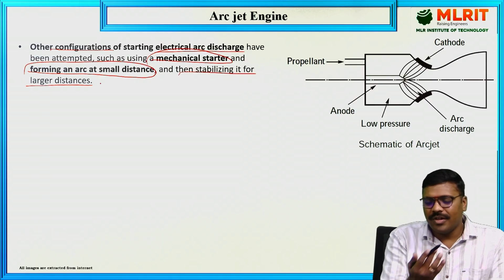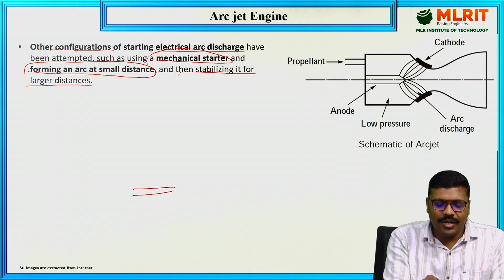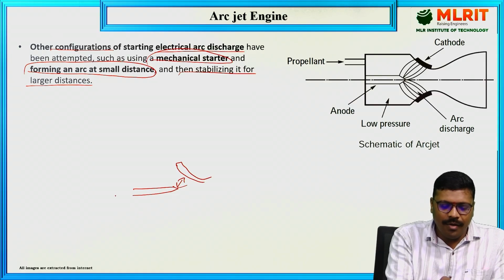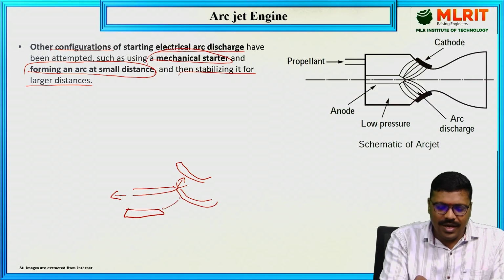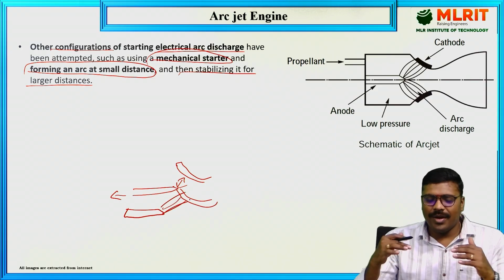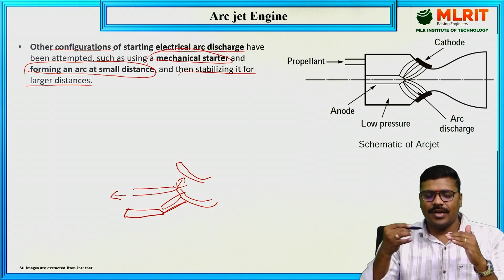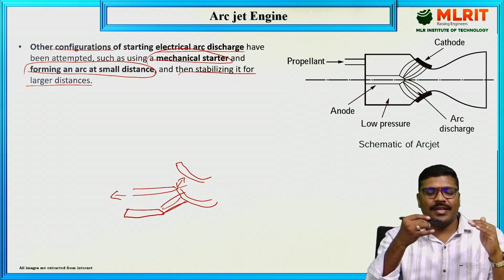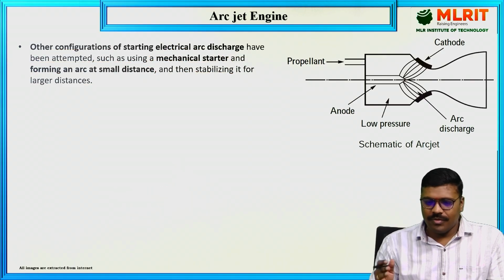So initially, instead of sending propellant with high pressure, we can maintain a small gap between the anode and cathode, and the arc will be developed. After that, we can move the anode back so that the gap increases, and we maintain a stabilized arc, and continuous propellant flow can be sent through the arc gap and the process continues.